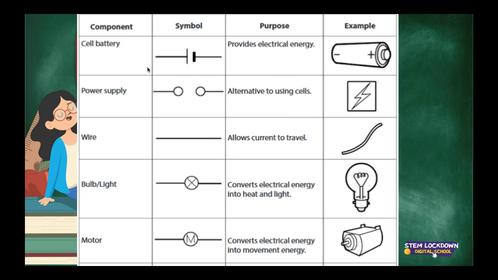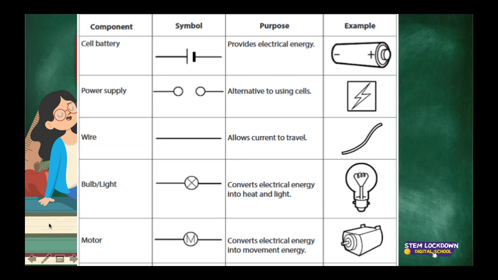Then a light bulb. A light bulb is shown by a circle with a cross in the middle. And what does a light bulb do? It converts electrical energy into heat and light. And there is a perfect example of a light bulb. I definitely would not be able to draw that, so I would rather just draw a circle with a cross in the middle.